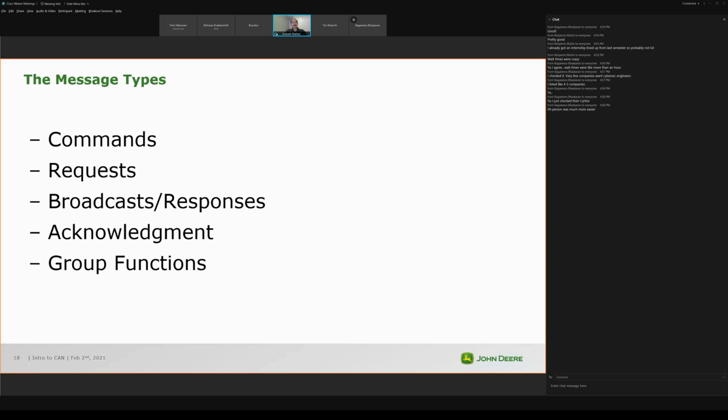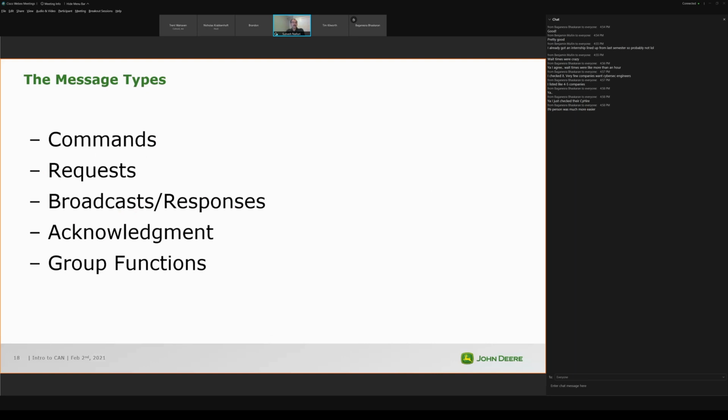And you have 5 different message types: commands, requests, broadcast responses, acknowledge, and group functions. When it comes to the group functions, that's where you're saying what is this PGN, or parameter group number, which says that a number or identifier belongs to this function, or supports these functions.